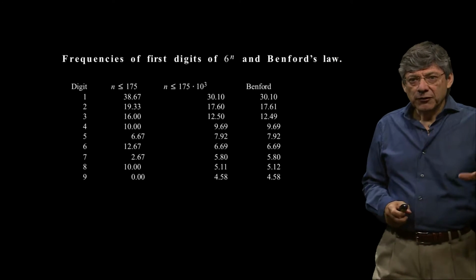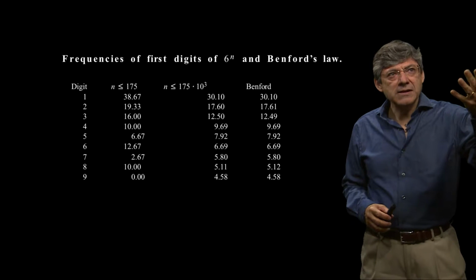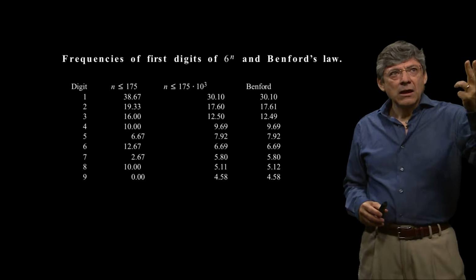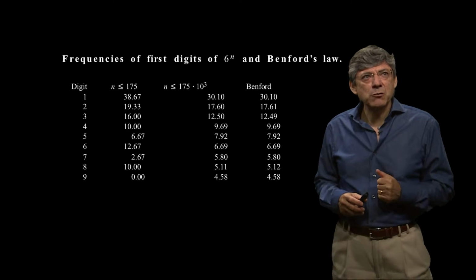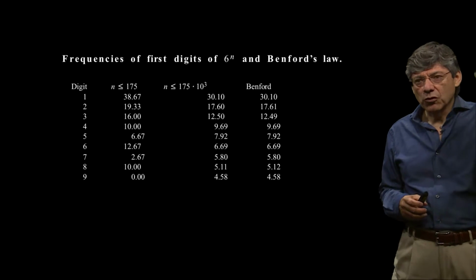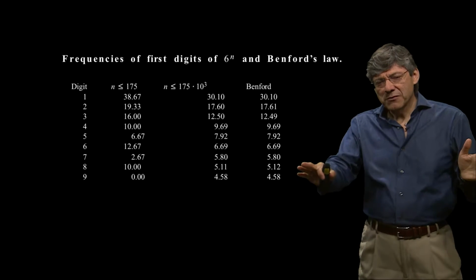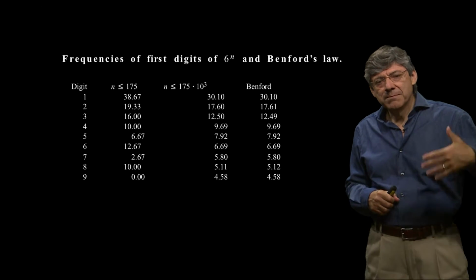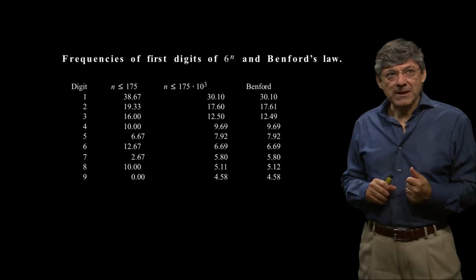Now, let's make an interesting remark. If you were to just look at this table, for example, at powers of 6 from 1 to 175, you don't see 9s. Initially, if you just look at up to 175, you will not see the appearances that go to the limit that is given by Weyl's theorem.